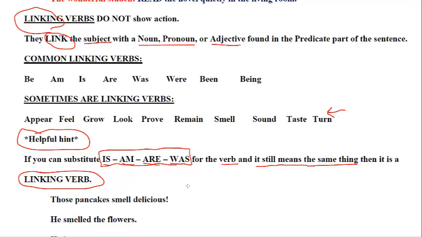So you really just need to remember those four linking verbs. And if you can substitute any verb in the sentence for that, and you're not changing the meaning of the sentence, you're working with a linking verb.